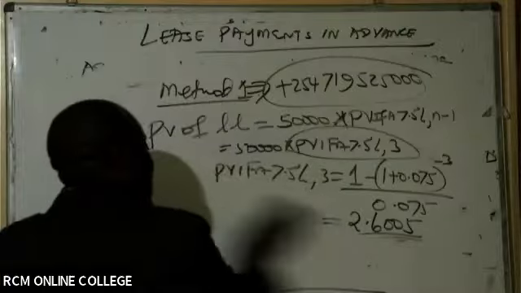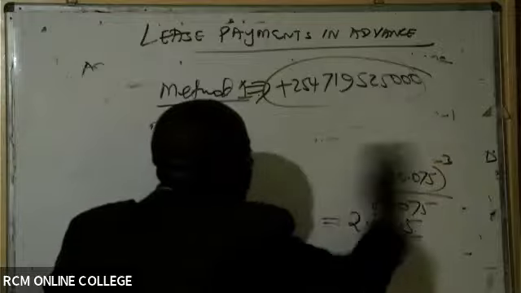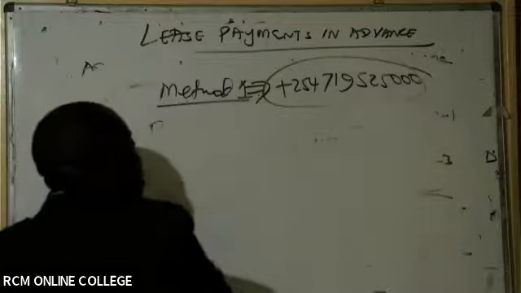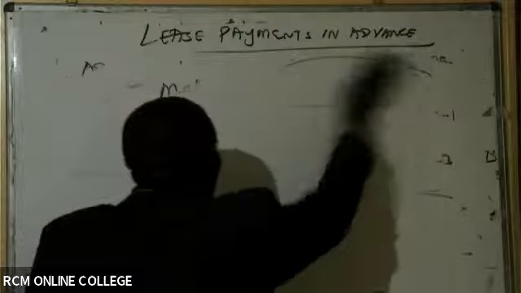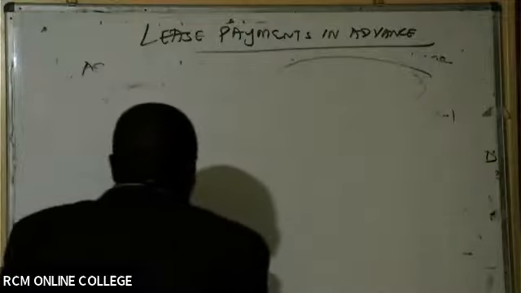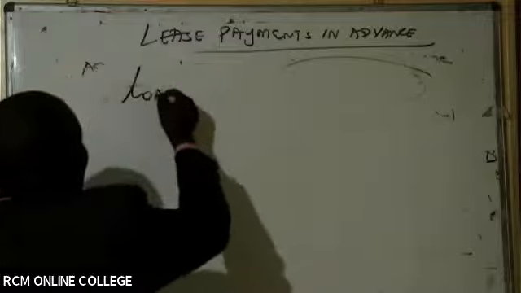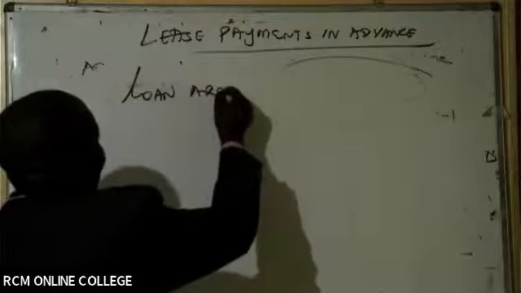That is step number 1. Actually, we should not have computed it because it was given by the examiner. Once I'm given the present value of the lease liability, I should go ahead and amortize. So mention there: loan amortization schedule.